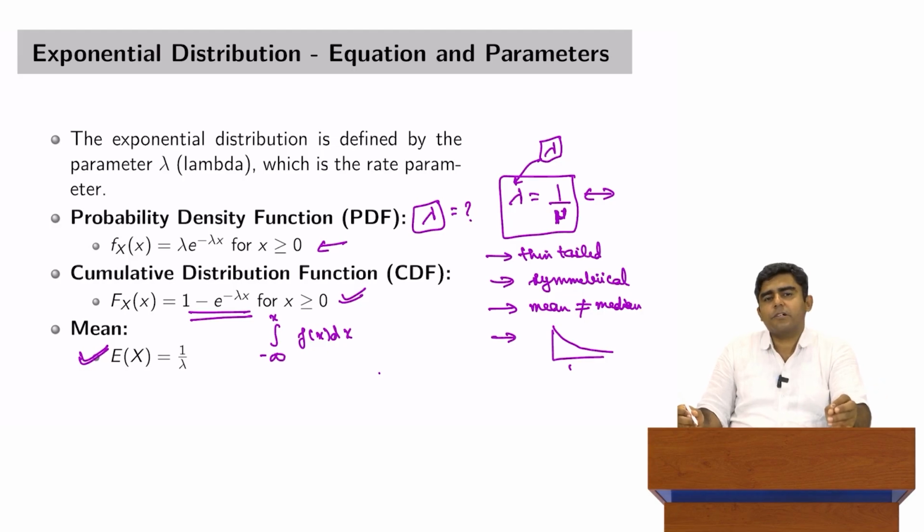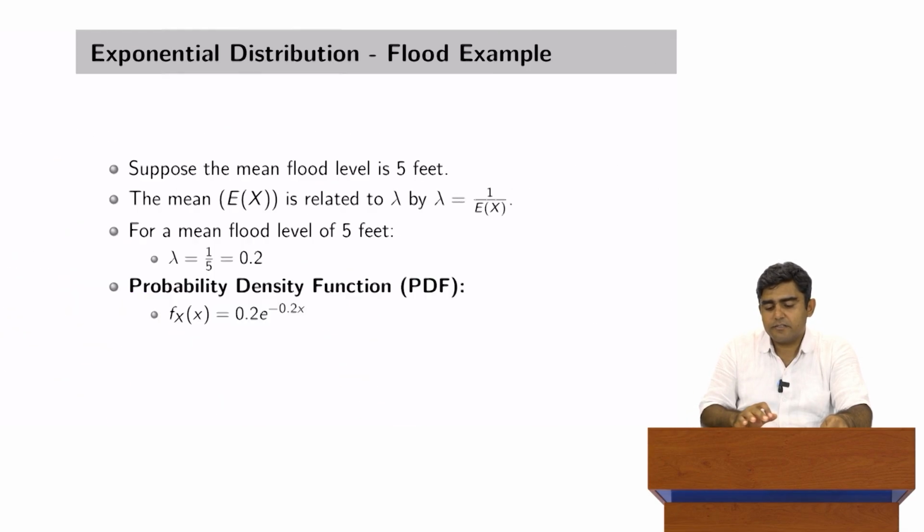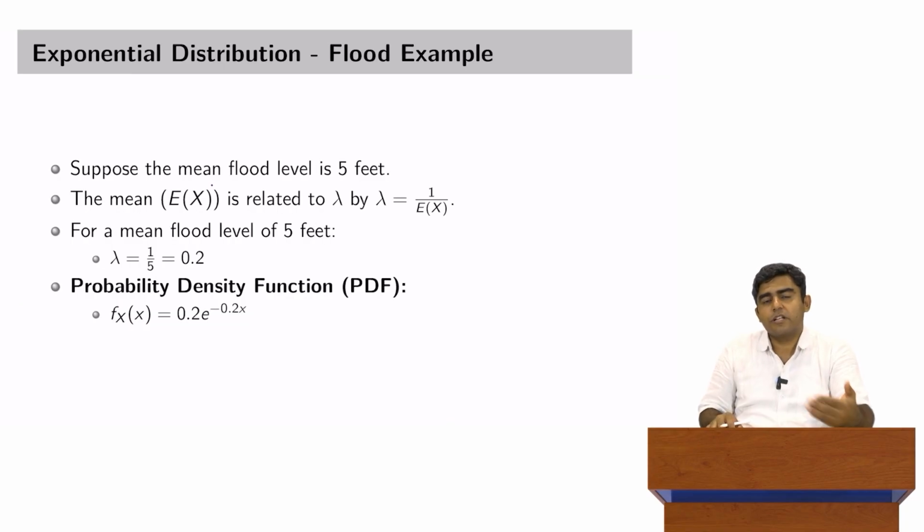And I leave this small part as a homework: if mean of any exponential distribution is 1 by lambda, what would be its variance? You can now also derive this based on the discussions that we have already had. But again, this is a single parameter distribution. We would not be using value of variance to do our numericals here.